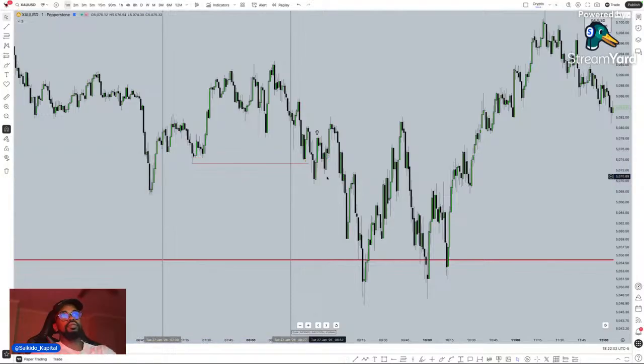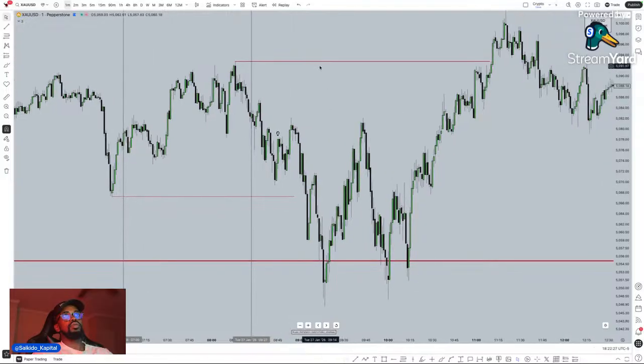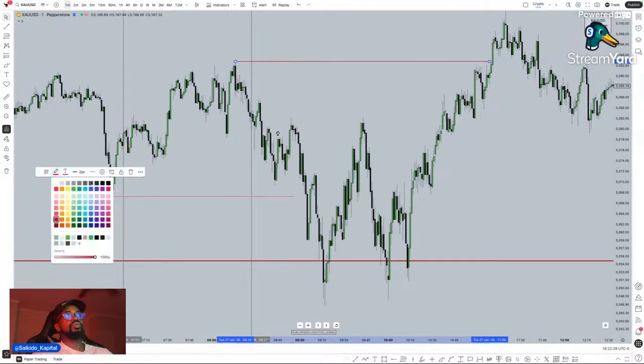Now, after price cleared these relatively equal lows here, after 8:30, I have my short-term draw, which is the pre-market range highs here, and this is my short-term draw.